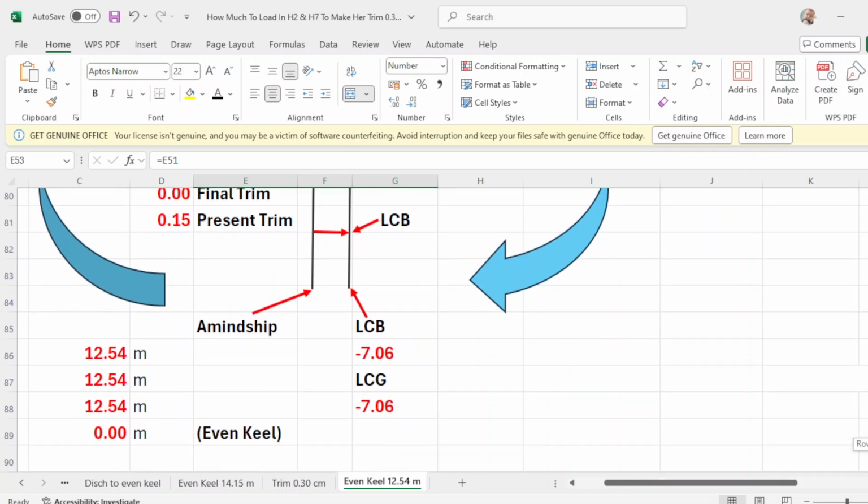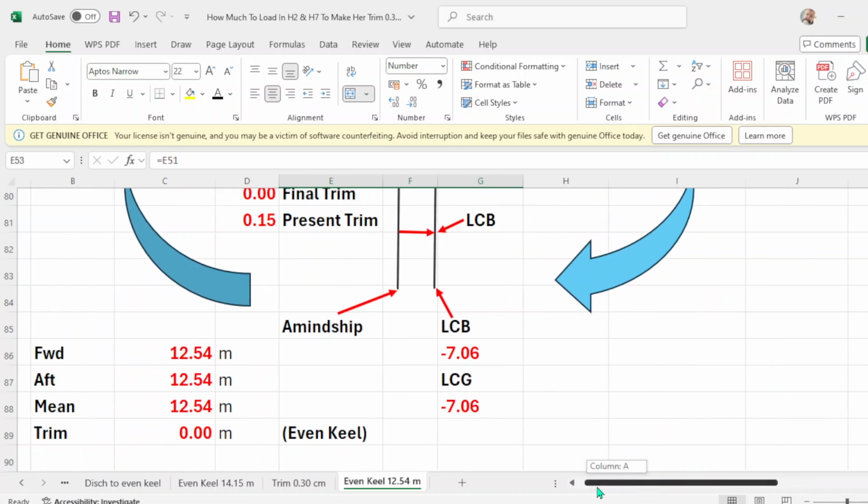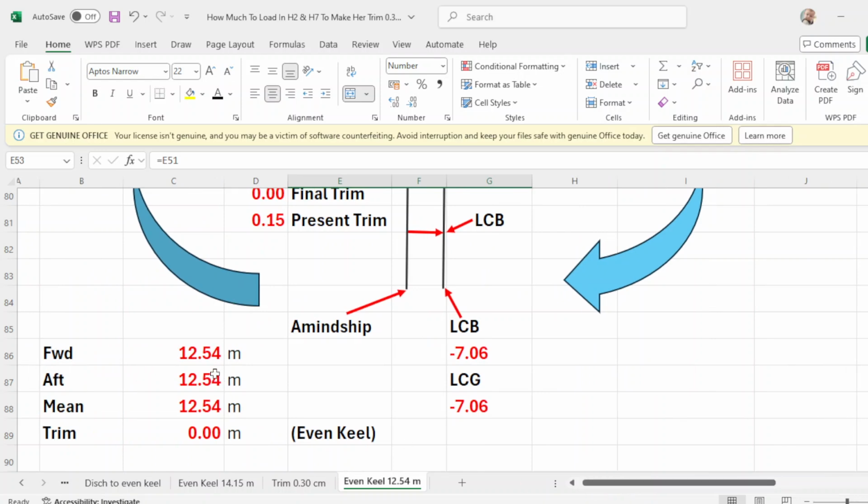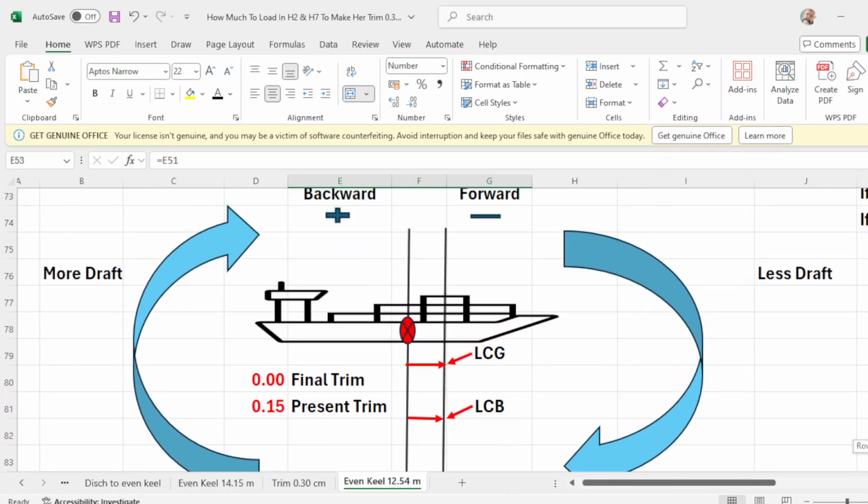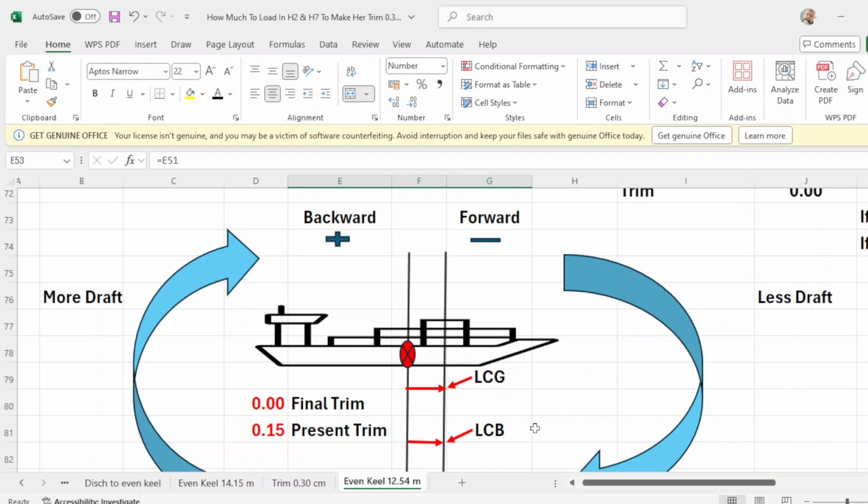Okay? Makes the vessel even keel. Forward drop is 12.54, aft drop is 12.54, your mean drop is 12.54, you have 0 trim. Okay? So you're in an even keel situation.